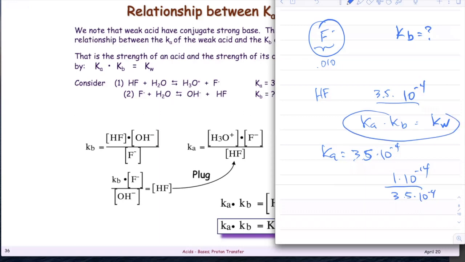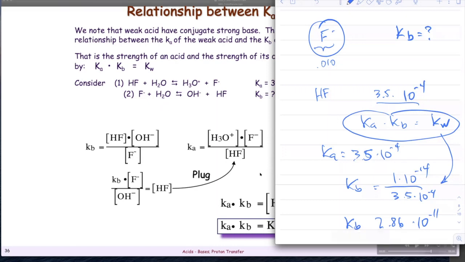That's from this equation right here, equals Kb. You have to have a Kw though. And remember, Kw is not necessarily 1 times 10 to the minus 14, depending on the temperature. If I do this math, this comes out to 2.86 times 10 to the minus 11. That's my Kb.